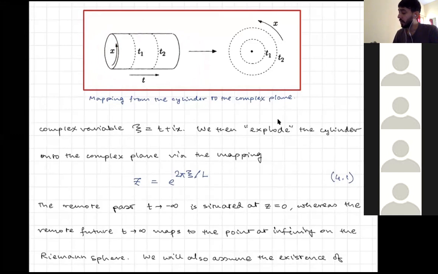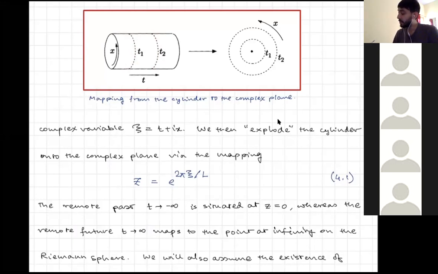So if we define the CFT on the cylinder, our equal time slices are given by these. There is a natural distinction between what the space direction is and what the time direction is. The space direction is identified, the time direction is not.